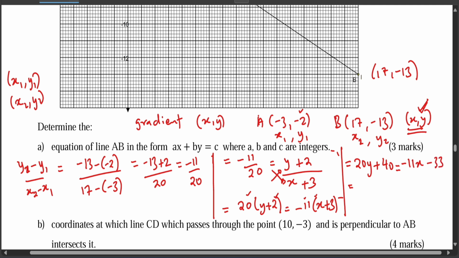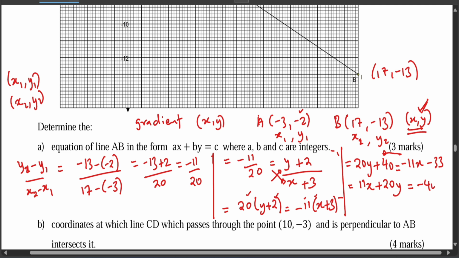So now let's make it in the form of ax plus by equal to c. This means that the x and the y would come together. Let's put the x on the left side. Therefore, you'll have positive 11x plus 20y. Sababu 20y tukipeleka mahali usije ukachange sign ya y, equal to hiyo 40 ikipeleka the other side itakuwa ni negative 40.